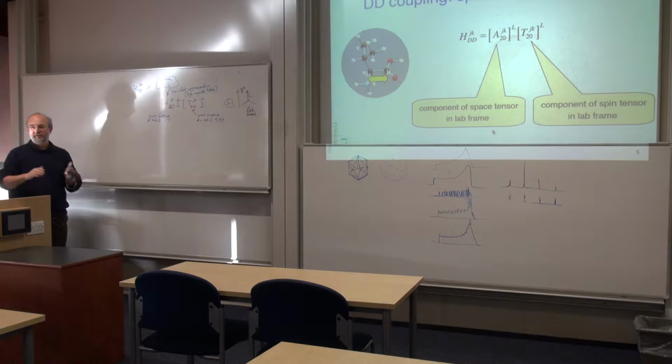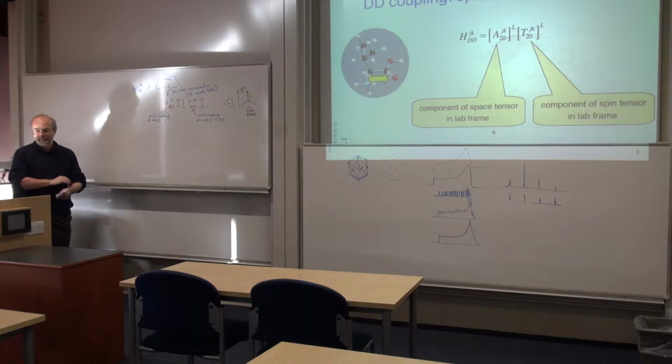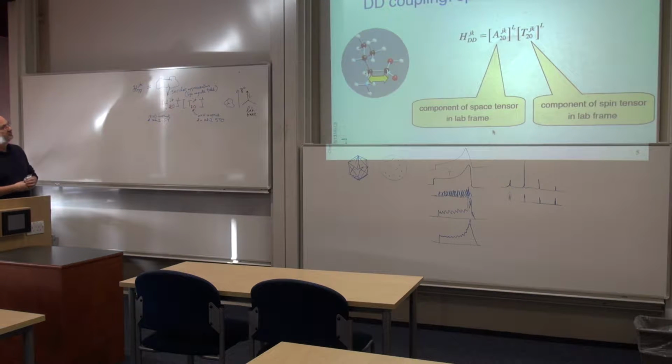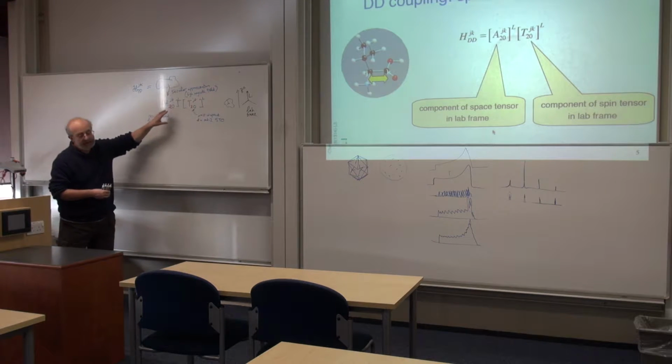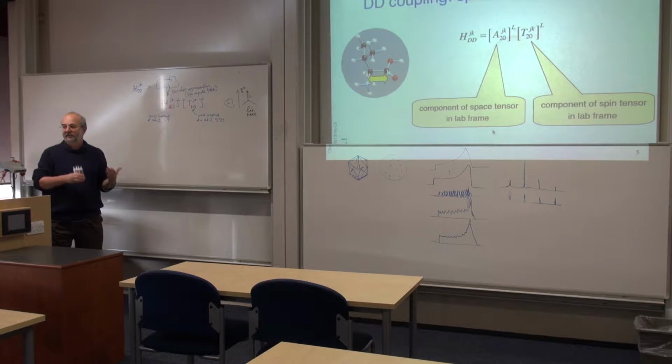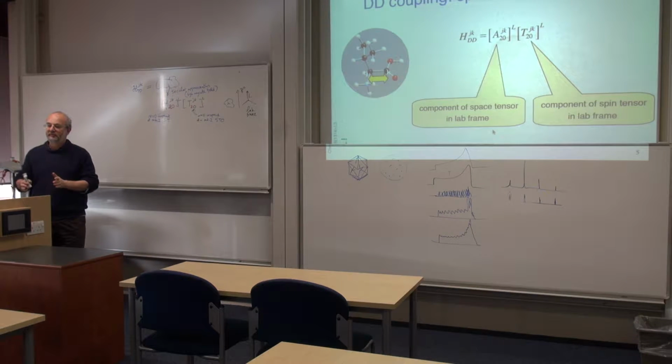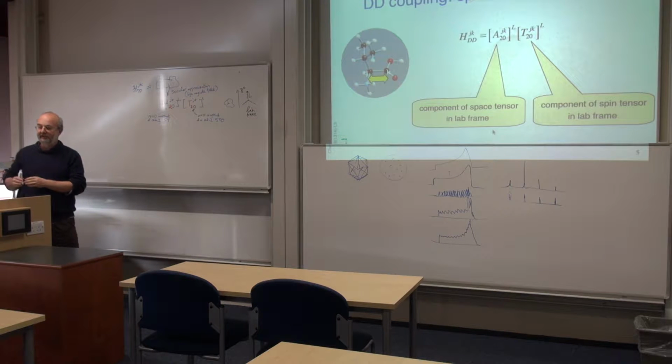So space part, spin part. And that can be read off directly from that table in which we have 2 for space, 2 for spin, 0 for field.